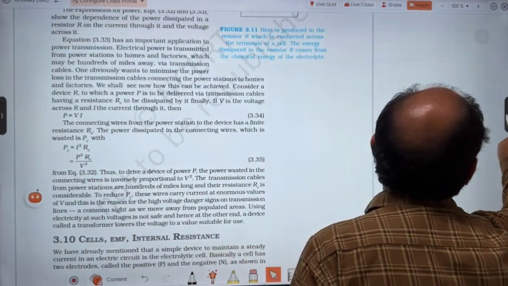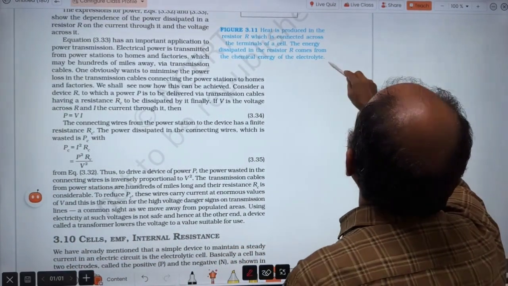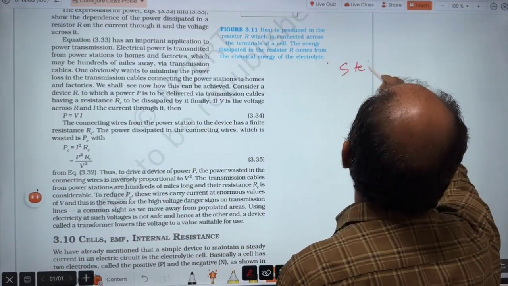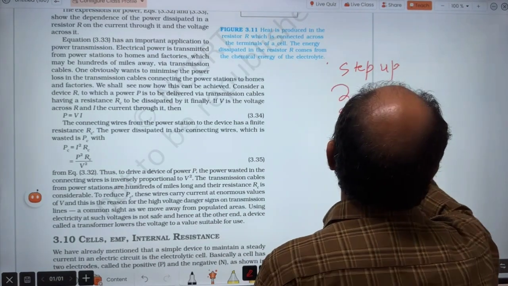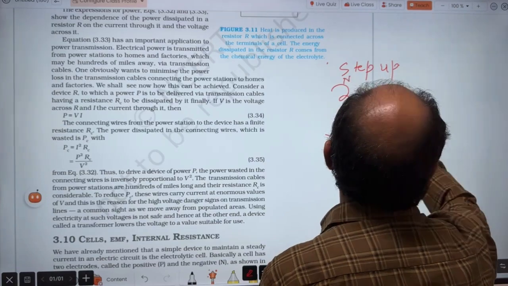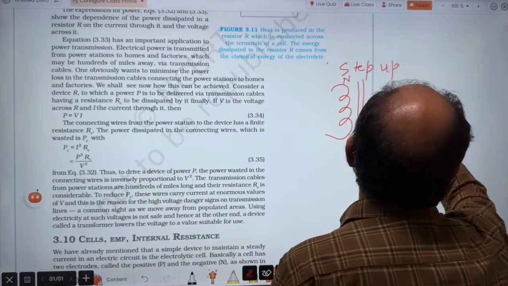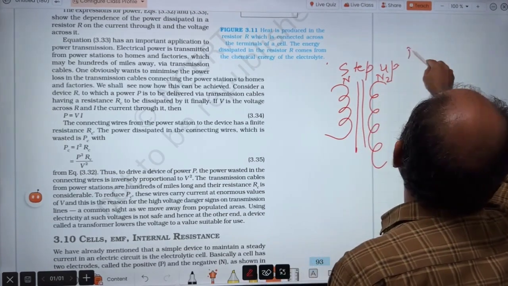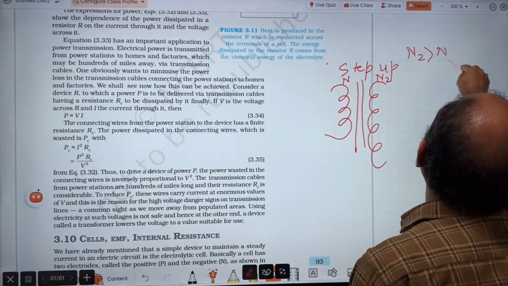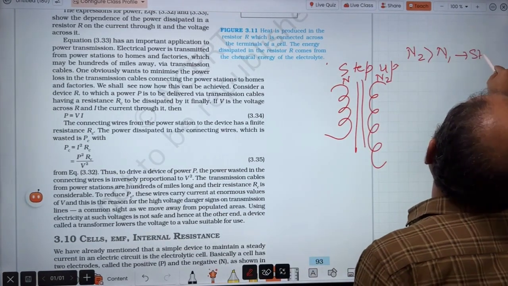There are two types of transformers. One is step up. Step up means, here this is the number of turns, say N1. Here there are laminated plates, and here there is a number of turns, say N2. If N2 is greater than N1, in that case it will be step up.